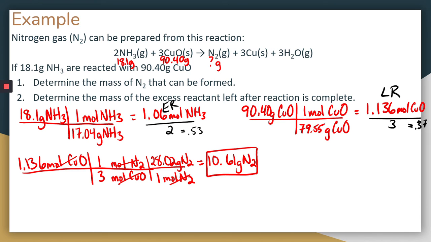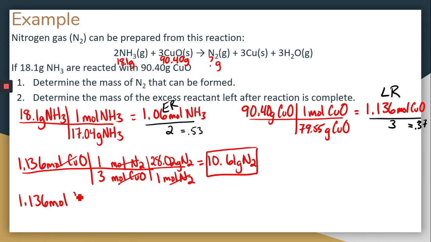So determine the mass of the excess reactant left over. So this is like we've used up all of our bread. How much cheese would we have left if we made that many sandwiches? So what I have to do is figure out how many grams of ammonia I used and then subtract it from the 18 grams that I had to begin with. So again, you start with your limiting reactant.